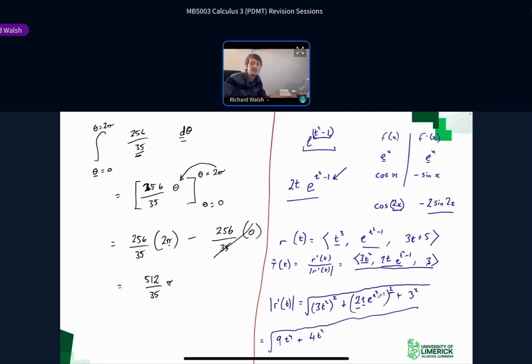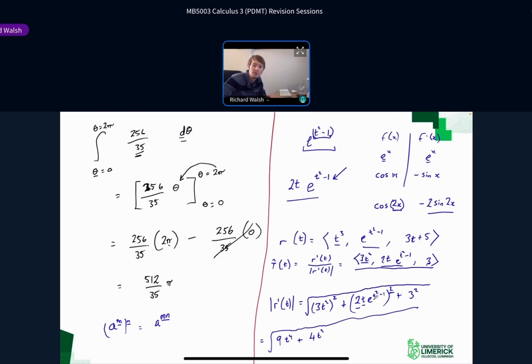Now, e to the t squared minus 1, squared. There is a rule of indices that says, I think this is in the log page or the index page in the tables, if you have a power raised to another power, you multiply the two powers.